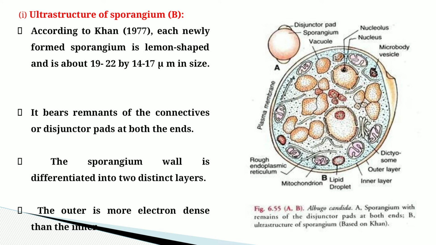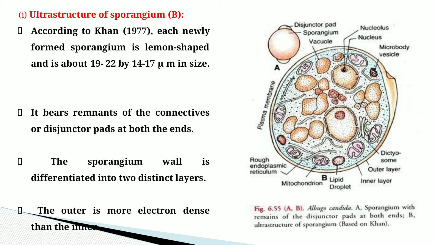According to Kohn, 1977, each newly formed sporangium is lemon-shaped and is about 19 to 22 by 14 to 17 micrometers in size. It bears remnants of the connectives or disjunctor pads at both the ends.